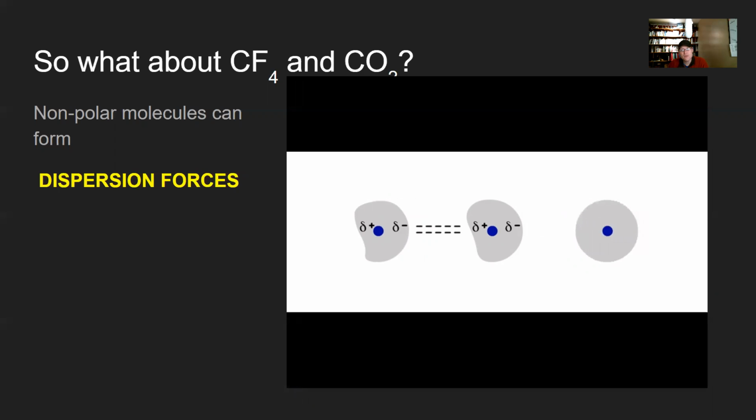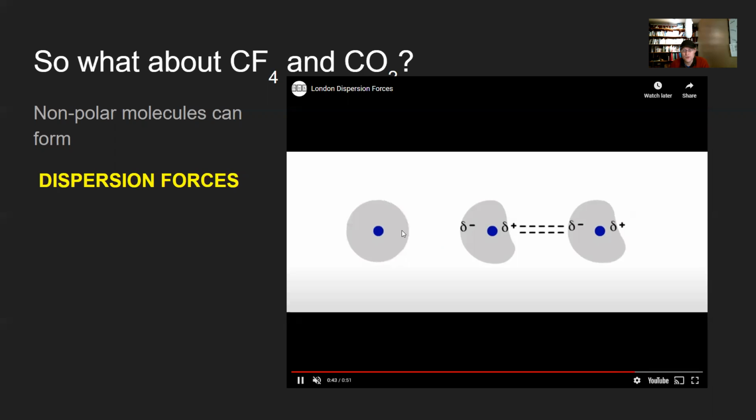Those temporary dipoles will cause an attraction, and you'll get this vibration that goes back and forth. You'll notice that there's going to be this constant shift, ebbing and flowing, almost like an amoeba going back and forth, that causes these temporary dipoles for the attraction to take place.